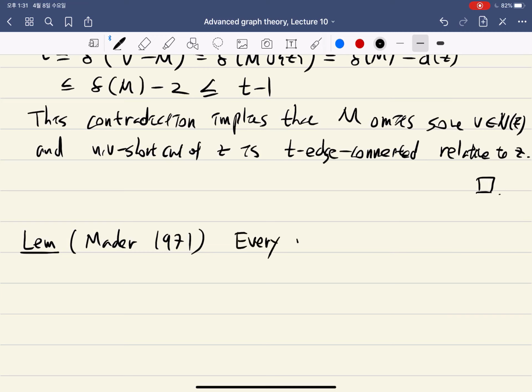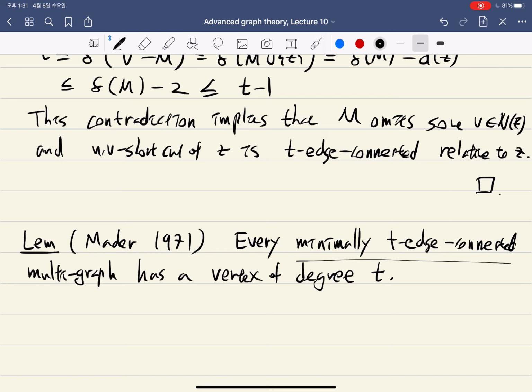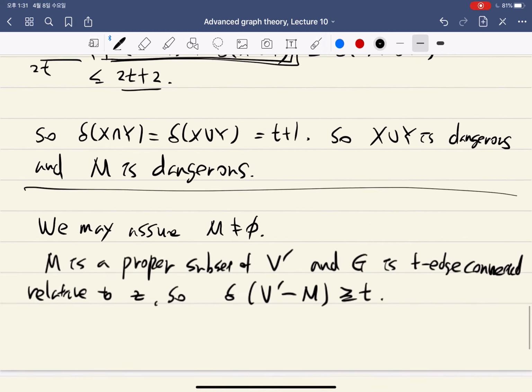So we can actually show that a minimally TH connected multigraph has a vertex of degree t. Here, minimally TH connected multigraph means that once you delete edges, it is no longer TH connected.